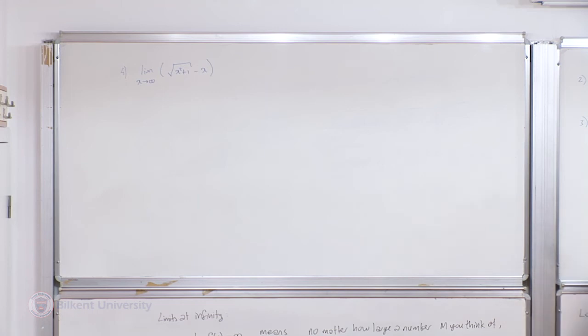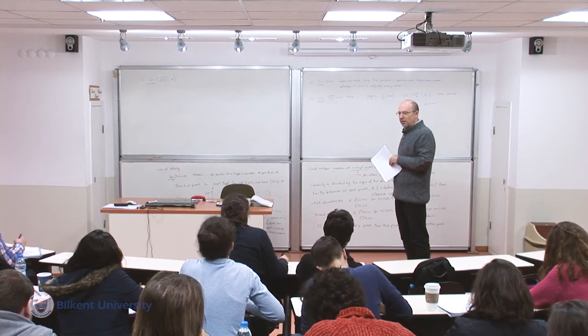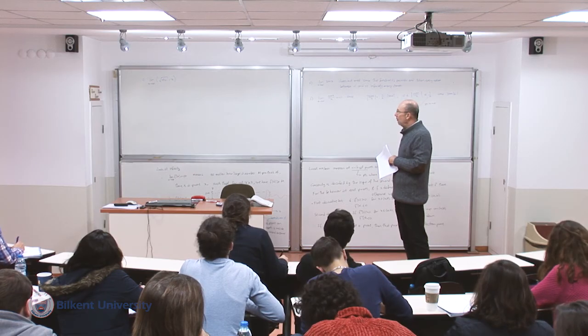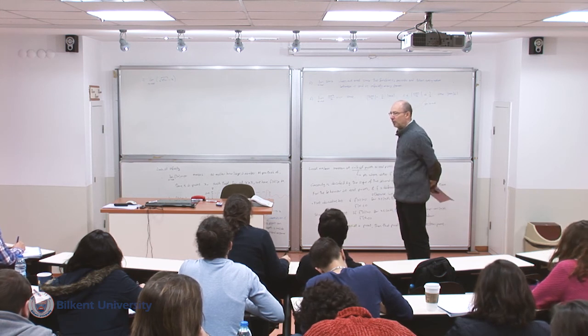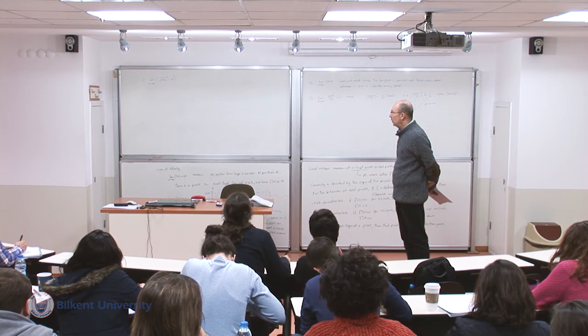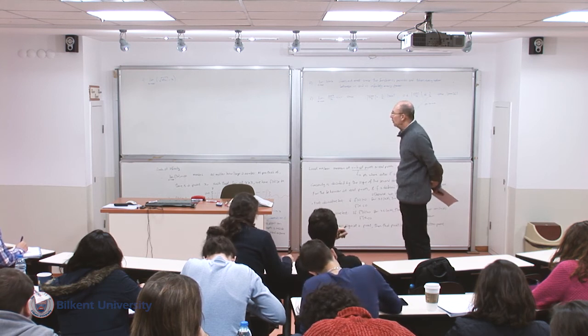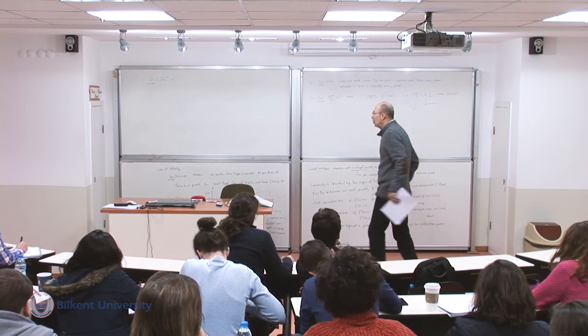This is of the form infinity minus infinity, so we don't know what is happening. In these cases, the trick we have is to get rid of this subtraction and make it into a multiplication. Well, division is also multiplication. So we multiply it by its conjugate.